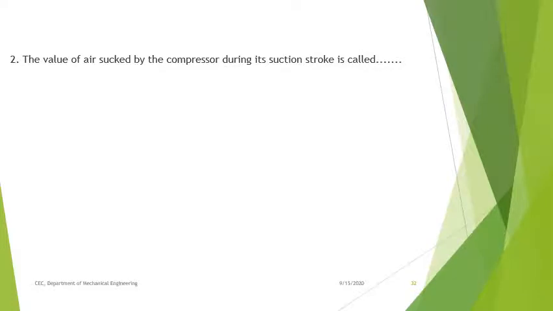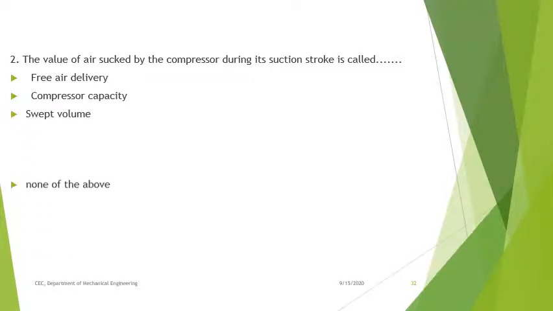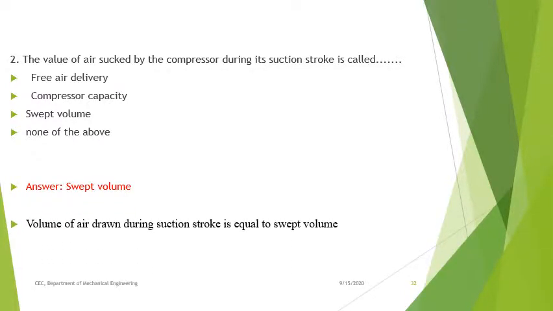The volume of air sucked by the compressor during its suction stroke is called free air delivery, compressor capacity, swept volume, none of above. The answer for this one is swept volume. Volume of air drawn during suction stroke is equal to swept volume.